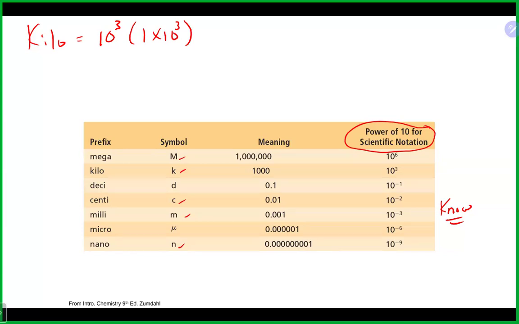So when we talk about prefix unit and base unit, what I mean is if I had, for example, a kilogram and a gram, right? They are both related to each other by the base unit of grams. They both have grams in them, basically, right? Kilograms and grams.